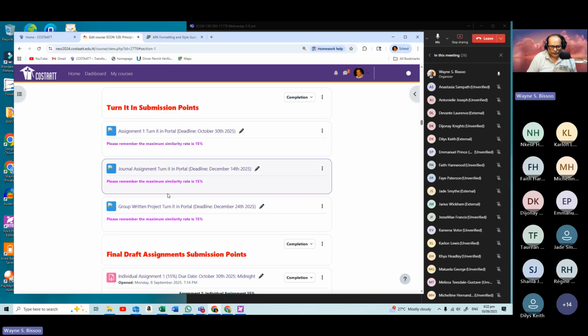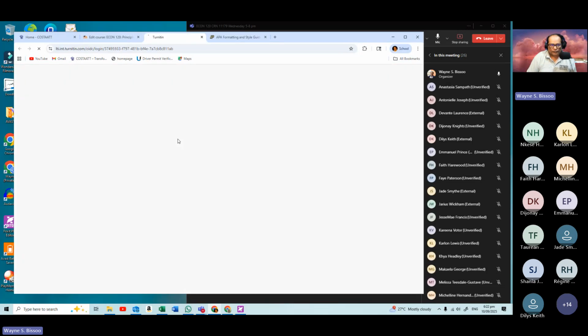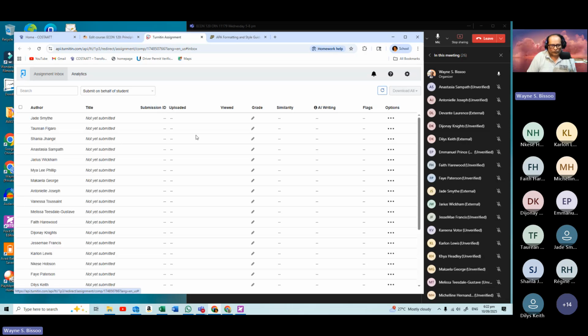So this portal is designed for you to take your first and second drafts, before they become final drafts, for let's say in this case, assignment 1, and upload them to this online tool.